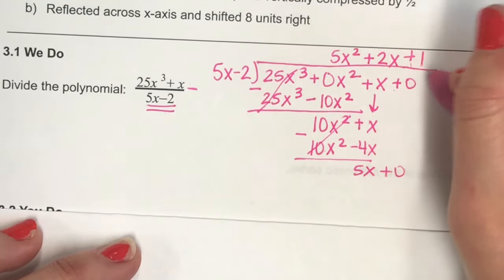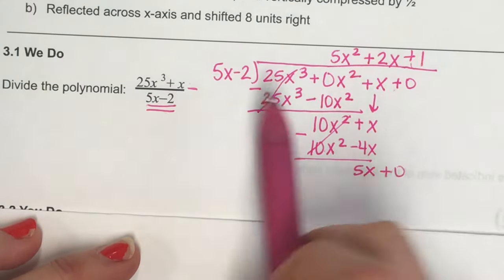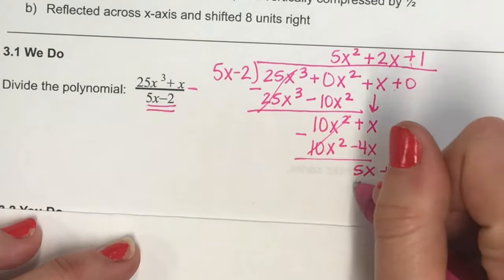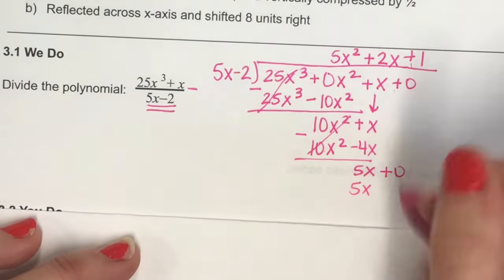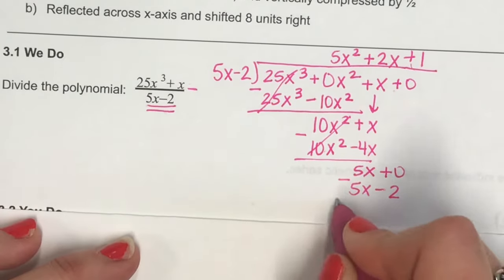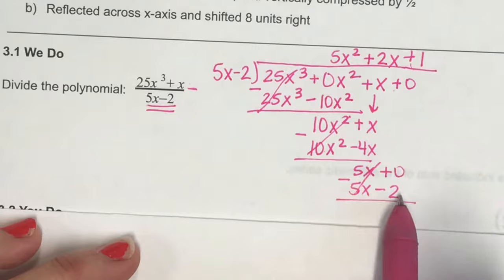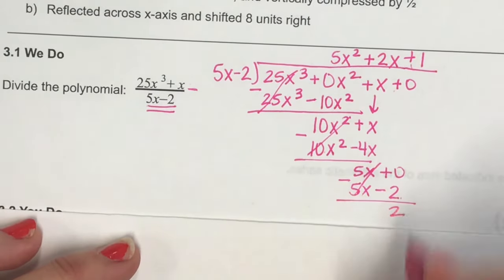And now this is a constant, so everything else that's going to be left over will be my remainder. 5x times 1 is 5x. Negative 2 times 1 is negative 2. So now the last part, I subtract. These 2 will cancel. 0 minus a negative 2 gives me a positive 2.